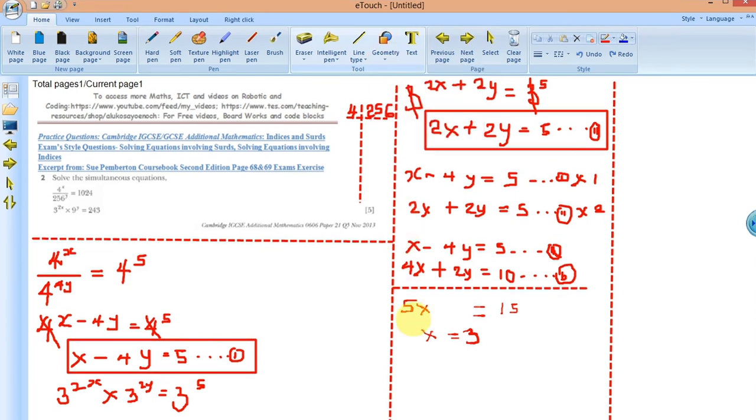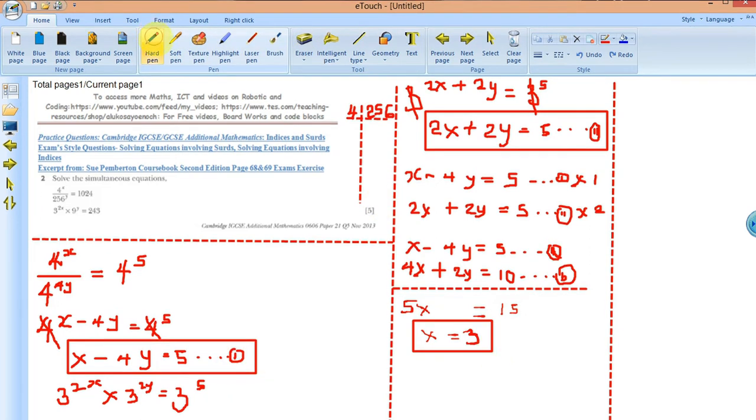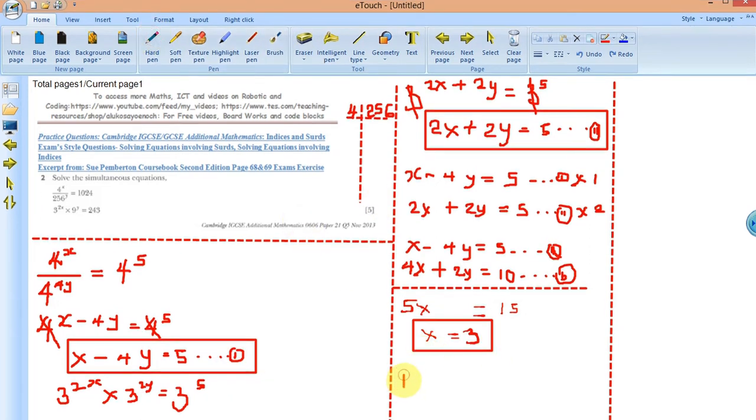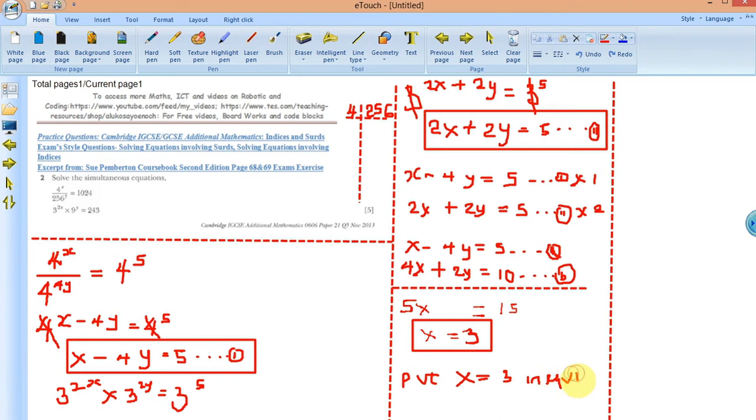So we're going to substitute the value of x in equation 1. Put x equals 3 in equation 1, to solve for y.